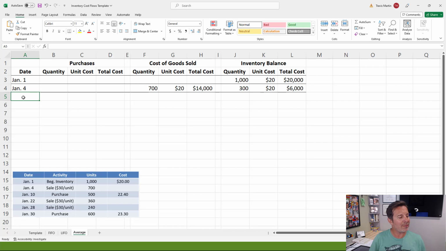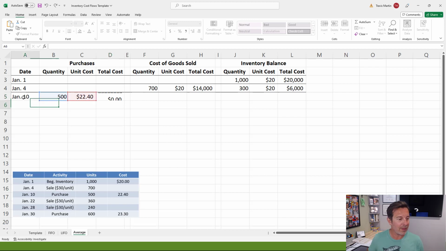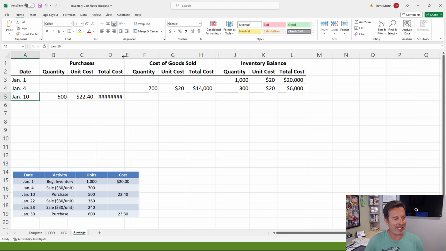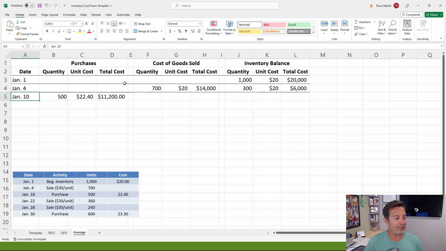But now we're going to buy more inventory on January 10. We're going to buy 500 at $22.40 for a total cost of $11,200.